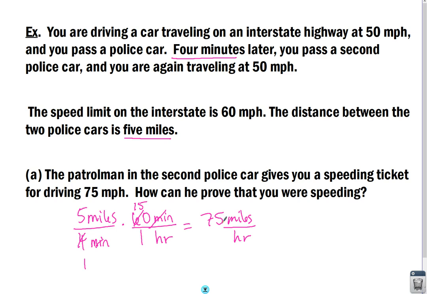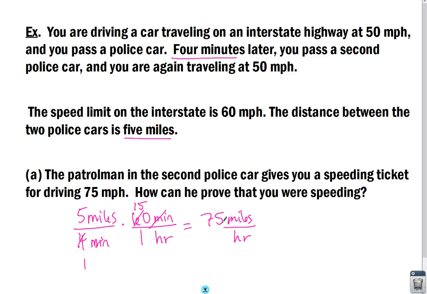There's not a way for you to speed up and then slow back down instantaneously and jump over numbers. You can't start out at 50, drive 90, and then instantly drive 50 later. At some point you have to come back through 75 miles per hour.